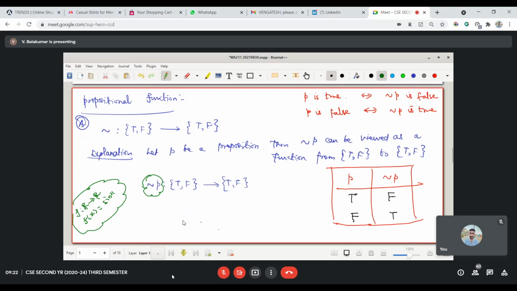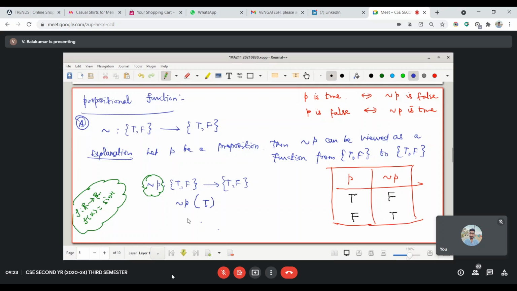Then you have to tell me what you mean by f of, instead of small x, you can write this. Instead of small x, what is the truth value of this?